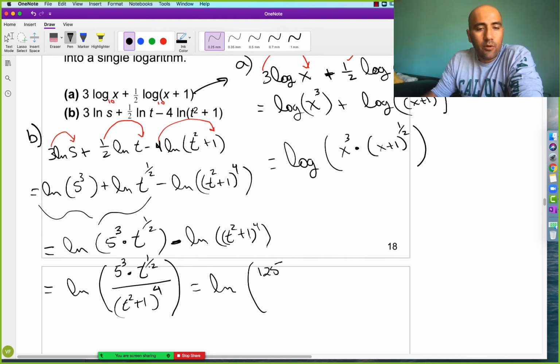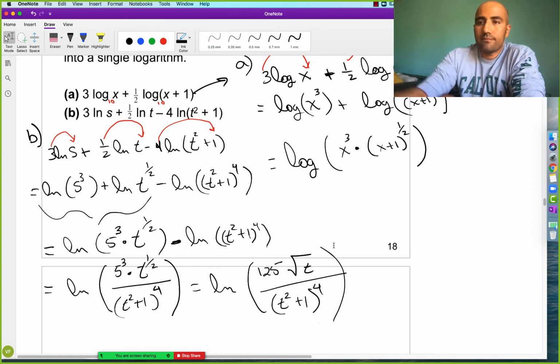Also, fractional exponents, if it's a simple one like a half or a fourth or a third, people usually like to see it as a root notation. But if it's more complicated, we like to leave it as a fractional exponent. So it's pretty common to see this way: 125 square root of t all over, and then this one we definitely don't want to expand, right? (t squared plus 1) to the 4th power is pretty ugly, so we leave it alone.